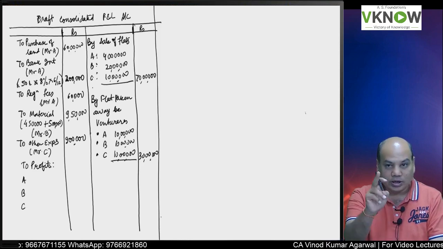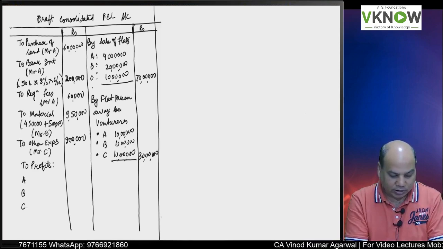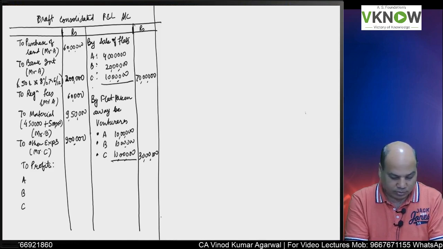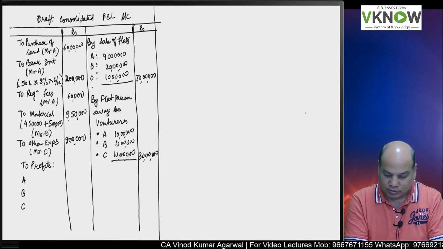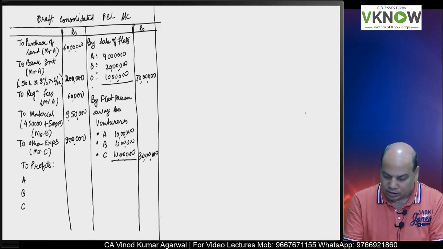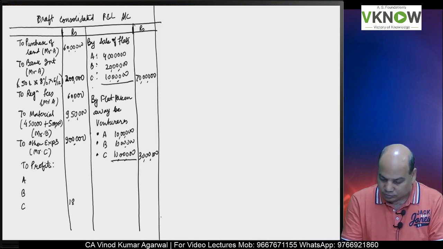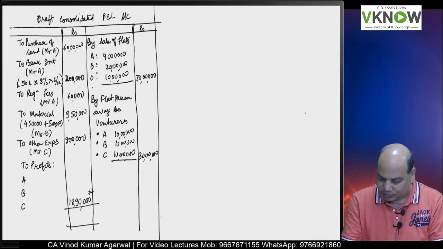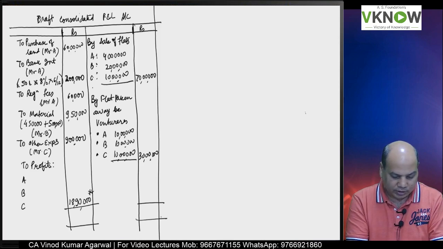So on your calculator, take on the credit side we have 70 lakh plus 30 lakh, minus debit side 60 lakh minus 2 lakh minus 60,000 minus 9,50,000 minus 9 lakh, and that is coming to 18 lakh 90,000 profit. 18 lakh 90,000 divided by 3.